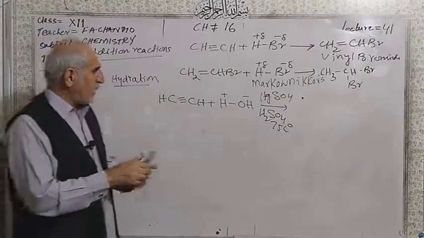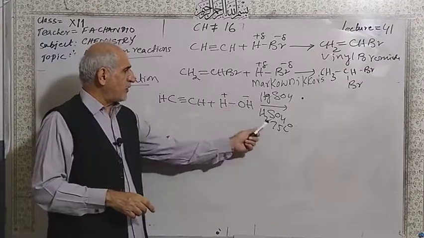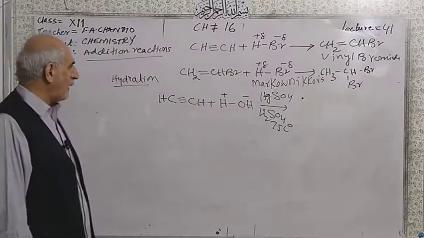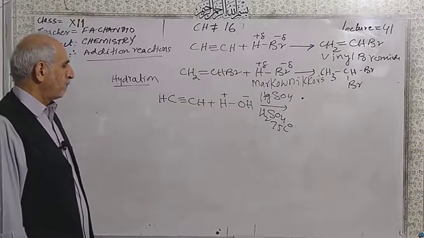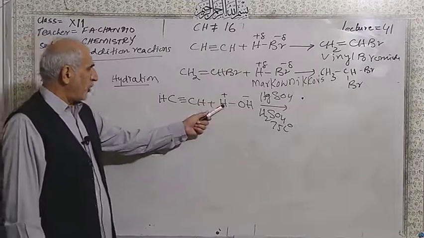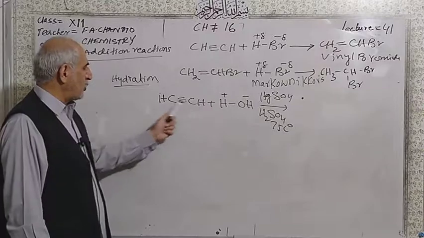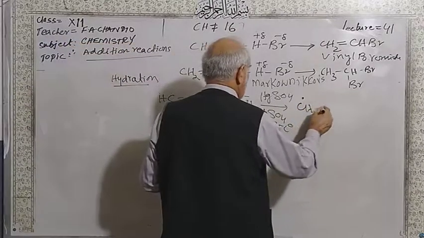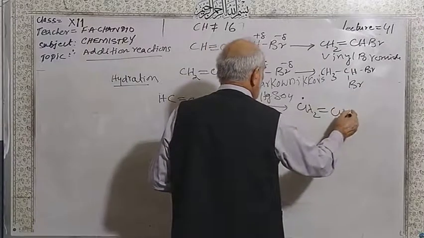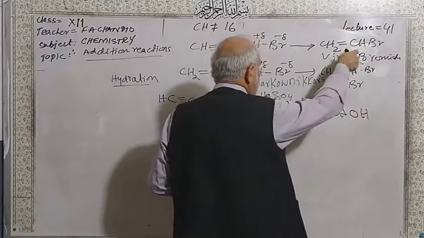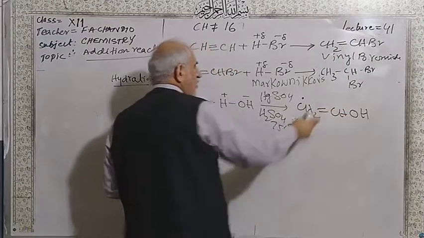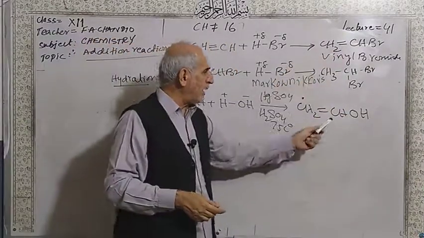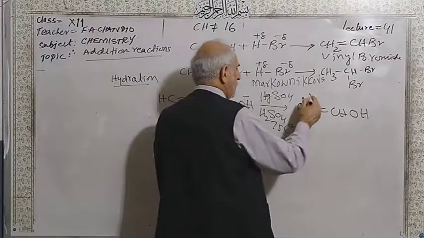You have to acidify with sulfuric acid, then there will be hydration. Hydrogen will be added at the terminal because both hydrogens are the same. So you will get CH2 double bond CHOH. Same nature as the vinyl bromide, only the functional group is different. This was a vinyl bromide and this is called vinyl alcohol.